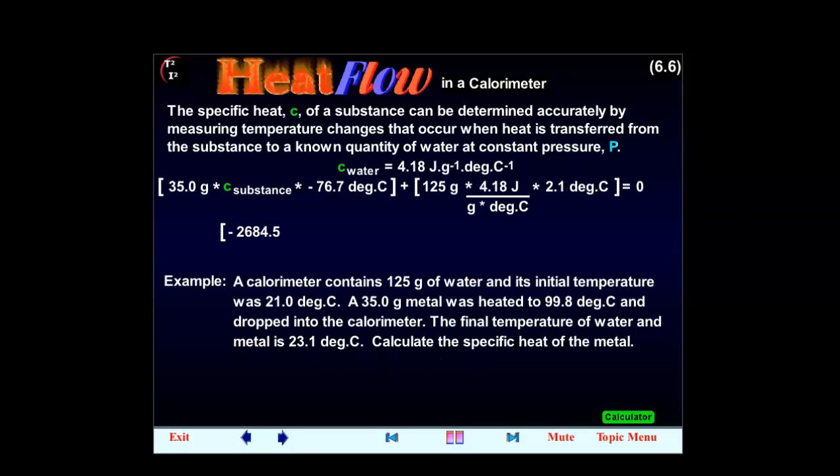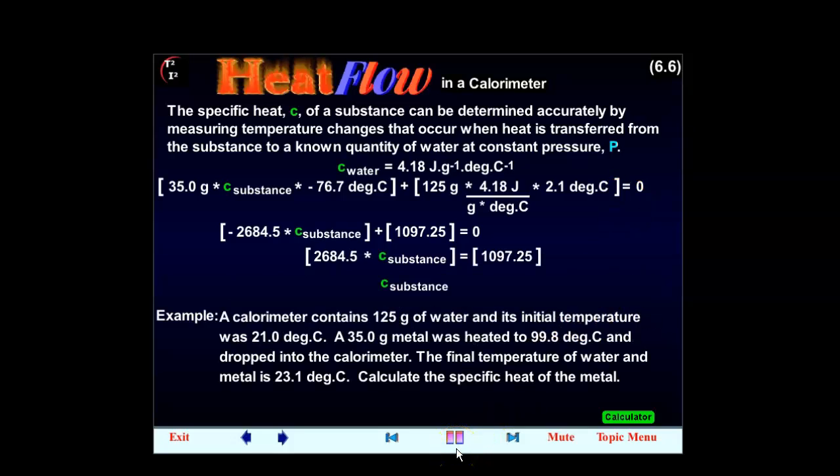Substituting: negative 2,684.5 times C substance plus 1,097.25 equals 0. So C substance equals 0.41 joules per gram per degree Celsius.